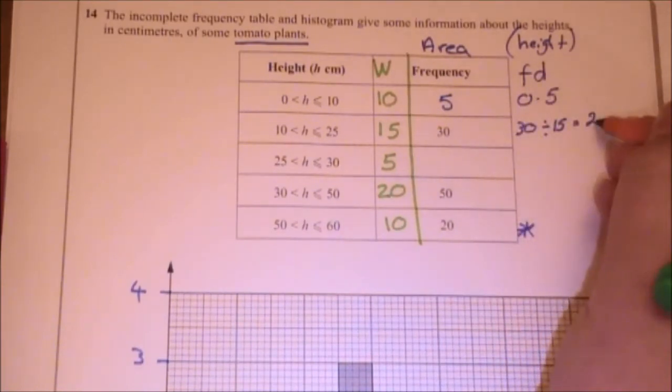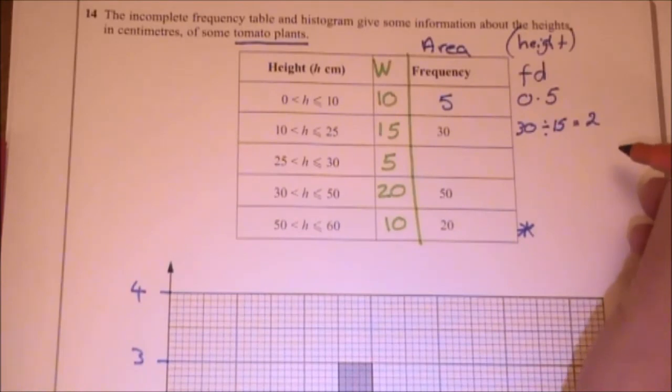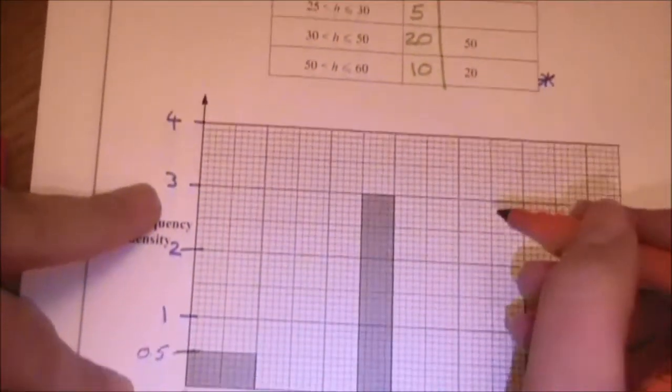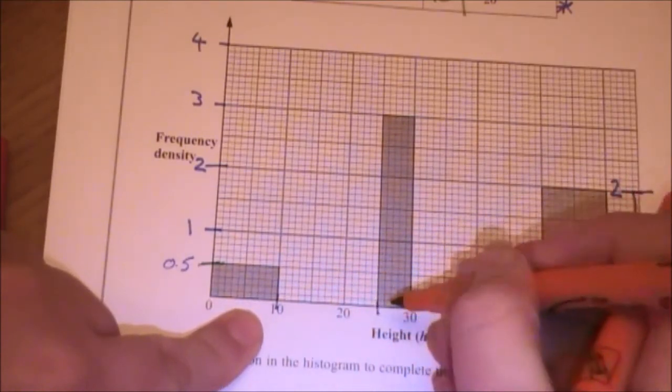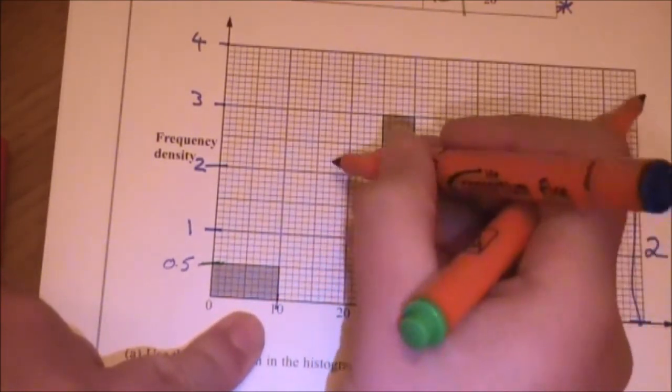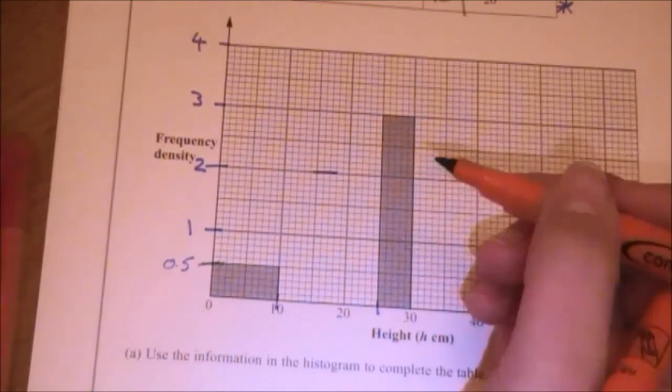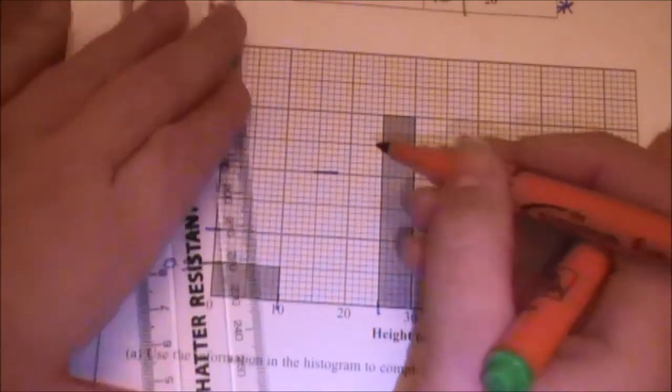So I know this bar has got a height of 2, and I can go ahead and draw that in. The bar goes from 10 to 25, so it goes in that gap, and it goes up to 2.